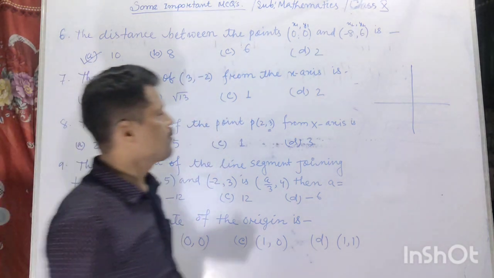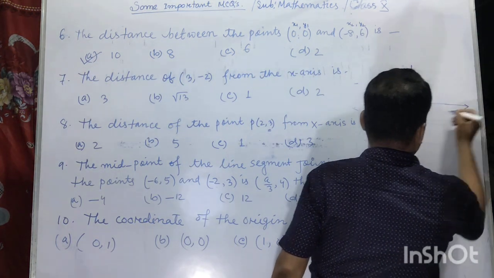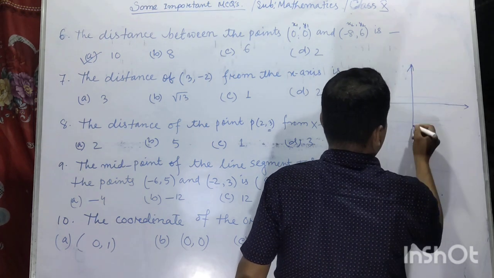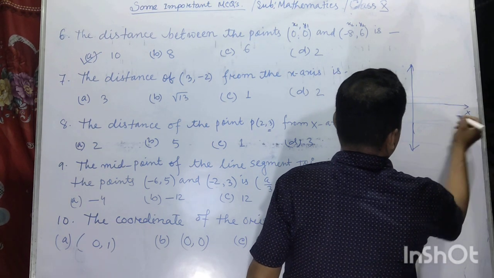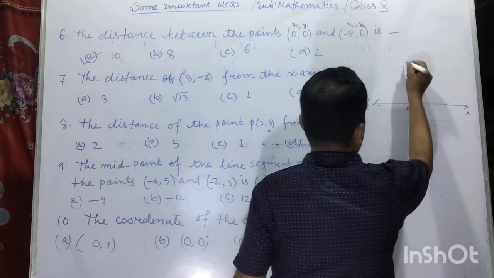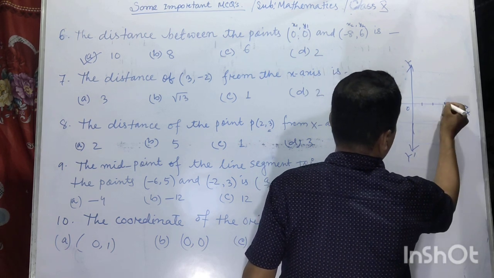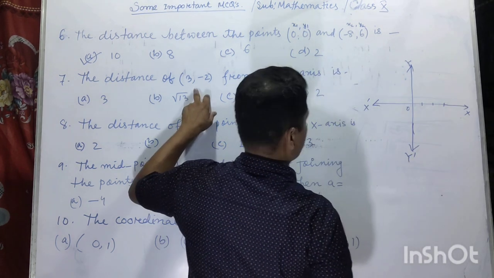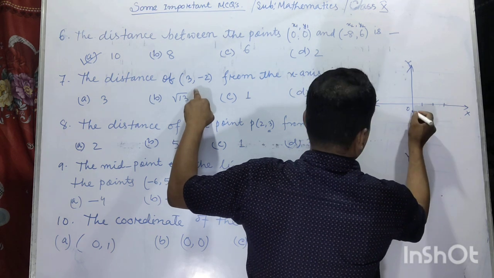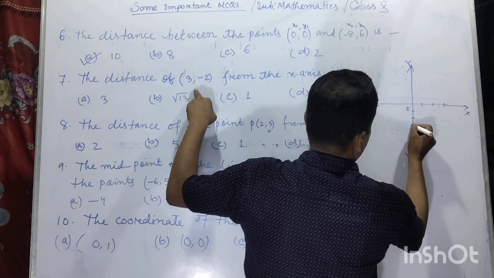Let us see, we can also draw this on a graph. See, XOX' and YOY'. Here 1, 2, 3: the x coordinate is 3, and the y coordinate 1, 2, 3.